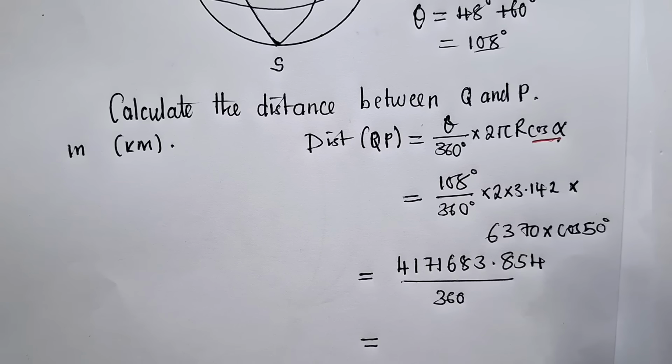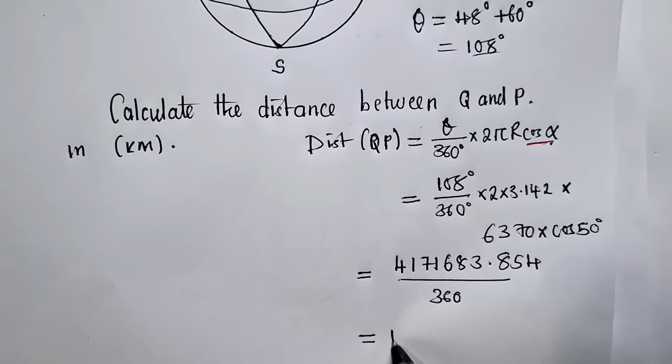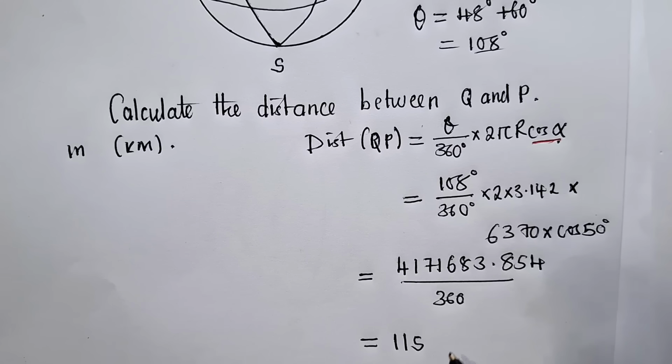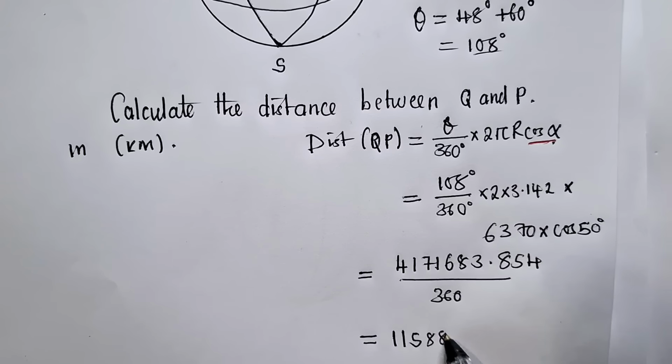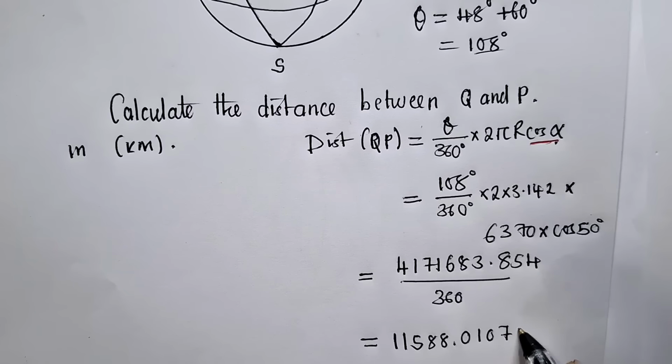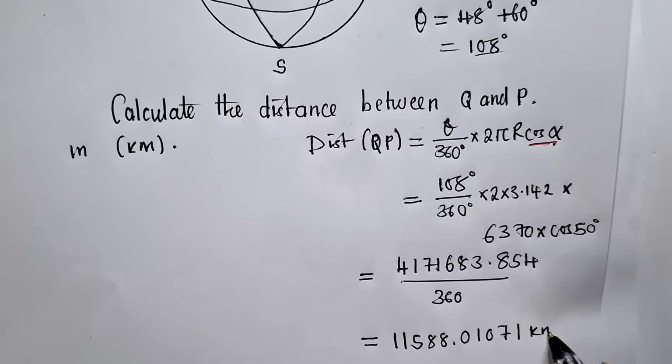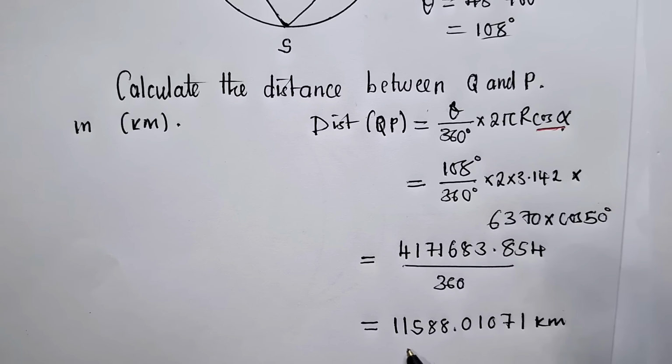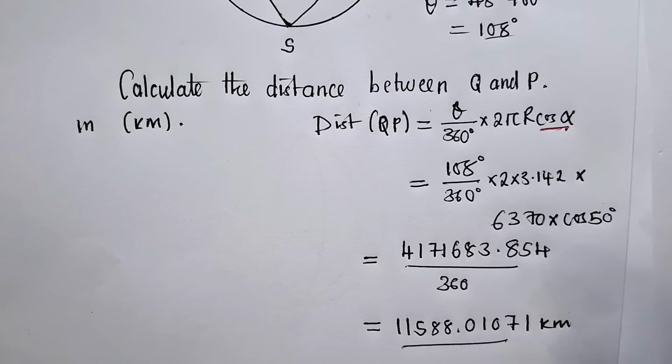When we divide by 360, this of course is giving us 1158.01071 kilometers. Okay, so this is how the answer must be.